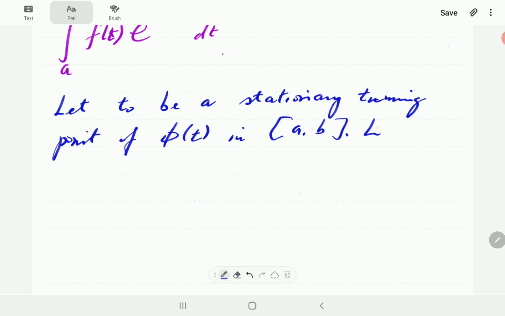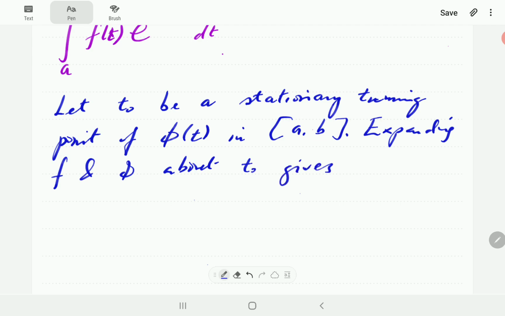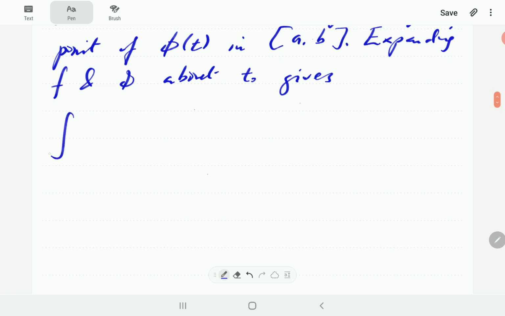Okay, so expanding f and phi about t naught is now going to give us the integral from a to b of f of t.